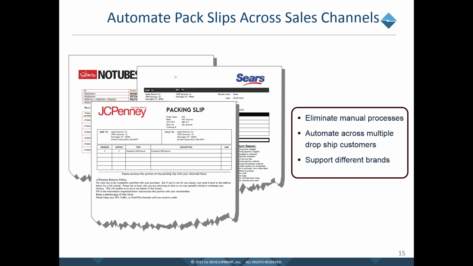So the other thing we see is, again, with the growth of omni-channel and selling e-commerce through large retailers, a fair bit of need for drop shipping on behalf of, let's say, a large retailer. So being able to automate at ship time, knowing, okay, this is a drop ship for JCPenney versus Sears, and automatically printing out a branded pack slip.